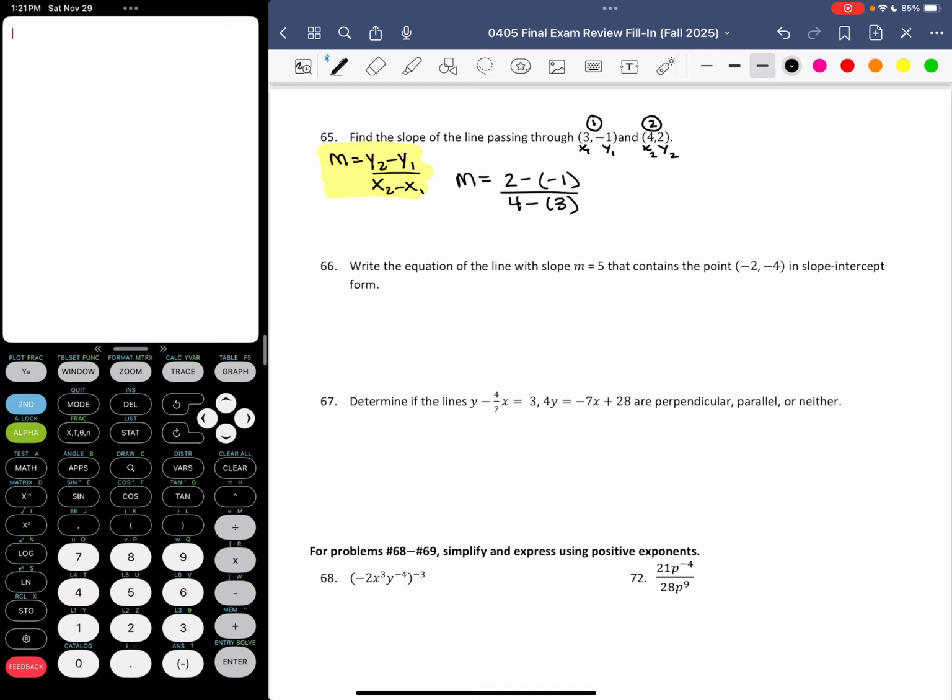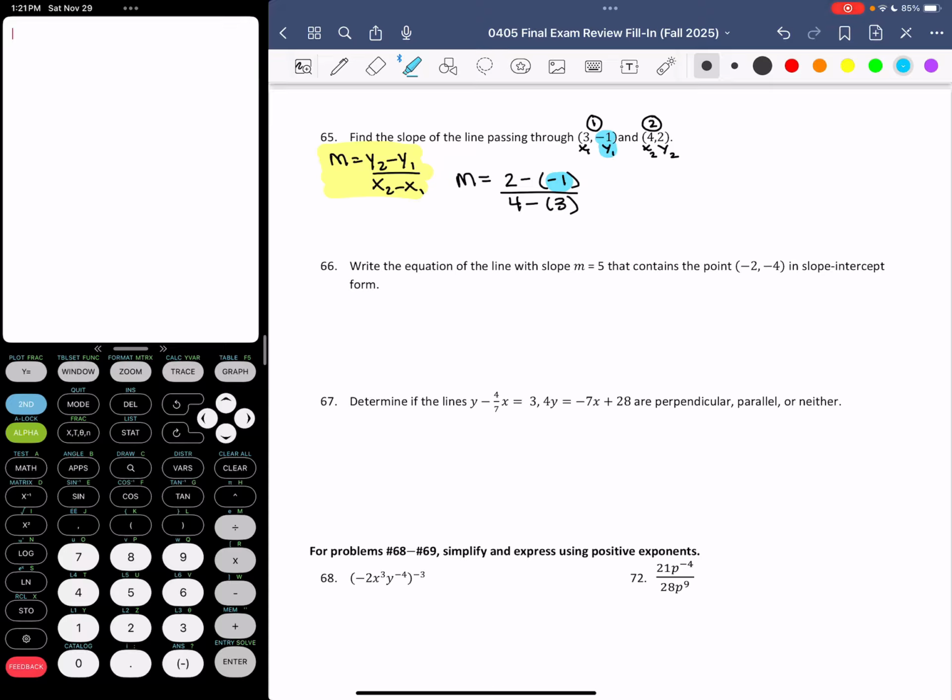Now, you'll notice that when I substituted everything in, I made sure that anything coming after a minus sign is put in parentheses. I highly, highly recommend always doing that so that you don't accidentally combine your negative signs. Like here, this is your y1, right? There's that guy right there.